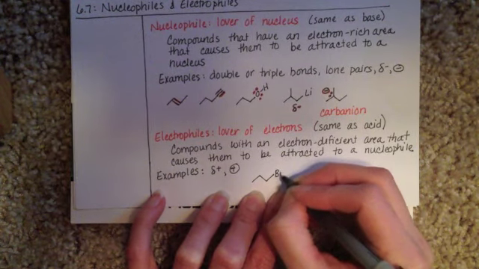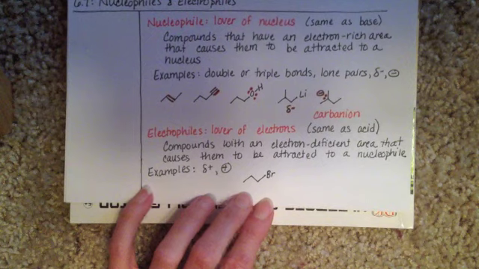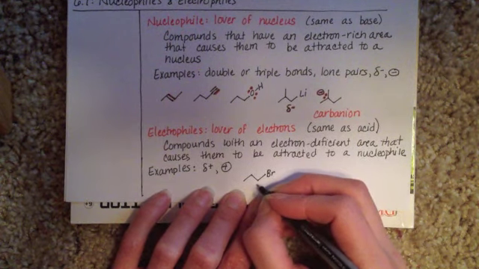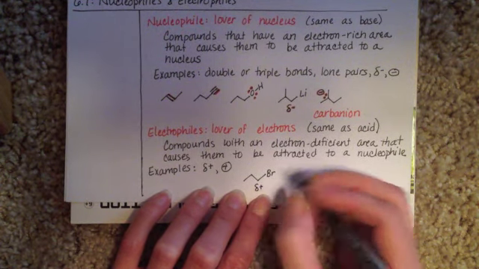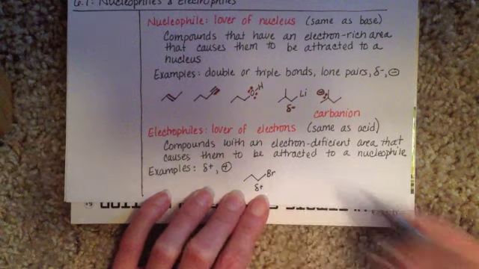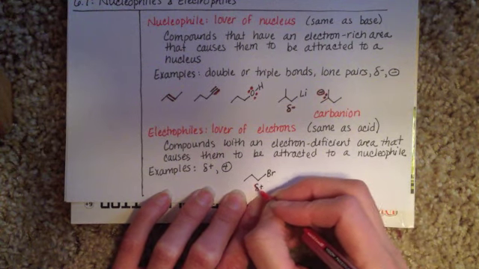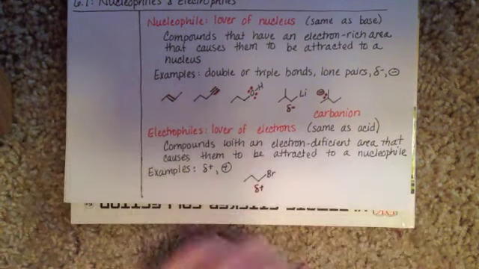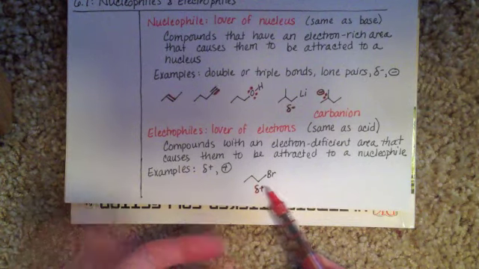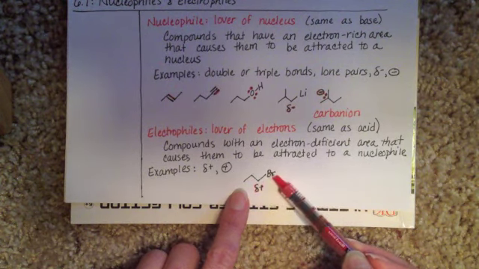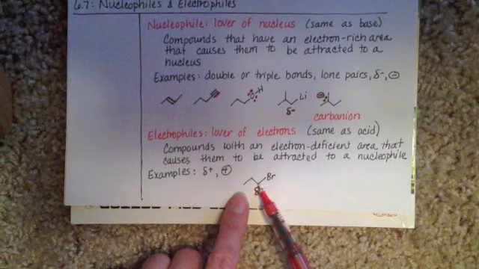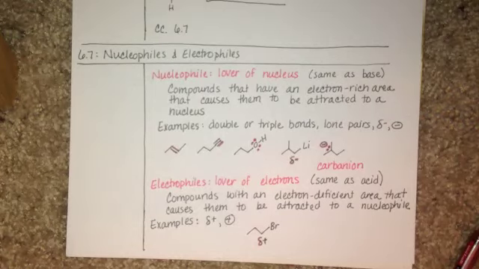This time, carbon bonding to something that is more electronegative, like a halogen. The difference in polarity between the carbon and bromine bond is going to cause the carbon atom to have a partial positive charge, and that's an electron deficient area because the electrons are being sucked into the bromine and away from the carbon.